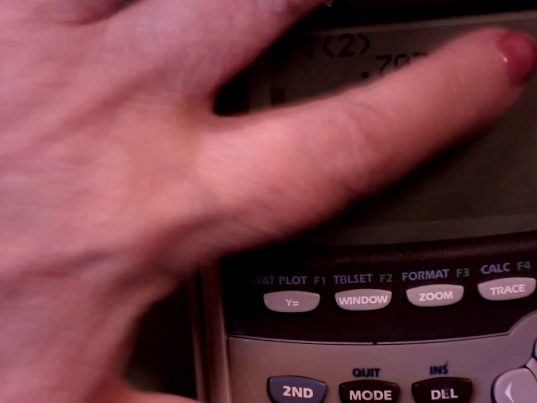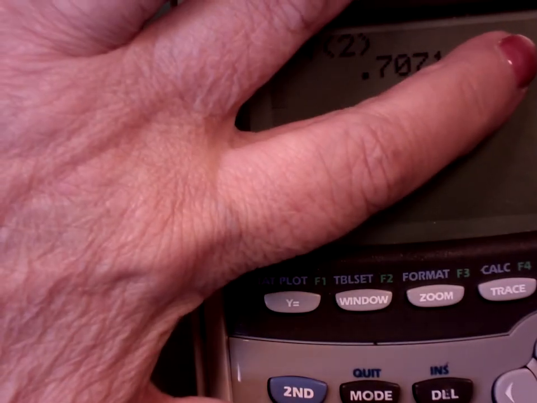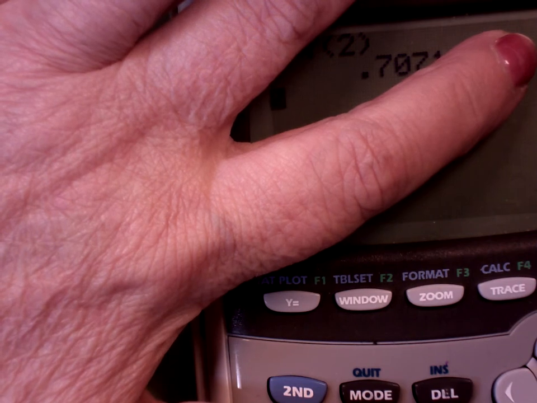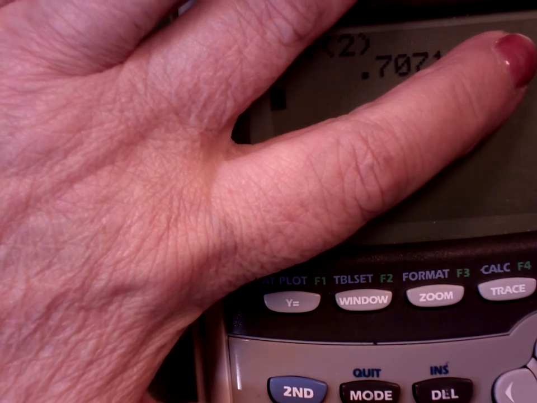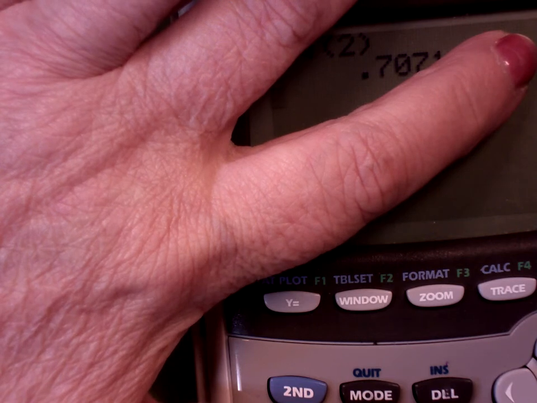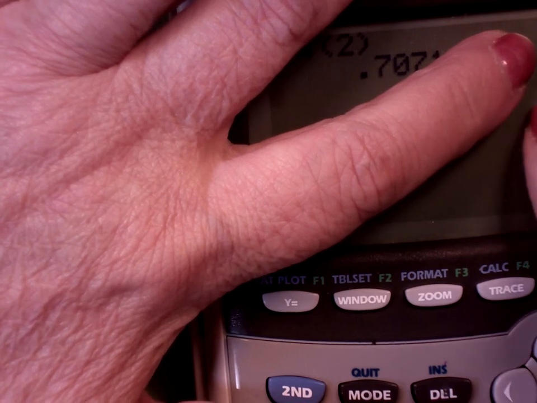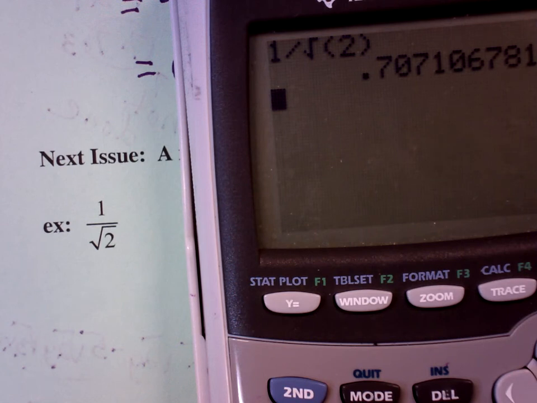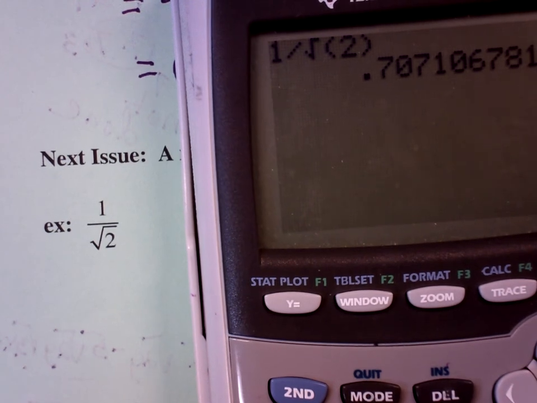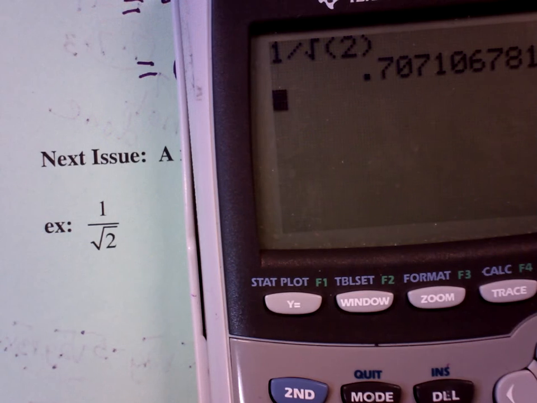I don't know whether that last 2 is a 2 because the number behind it is smaller than 5, or if it really is a 1 which got rounded to a 2 because the number behind it is 5 or bigger. But I know for sure that this is accurate to 9 places. The question is, how many places do you need? Well, as many as you need.